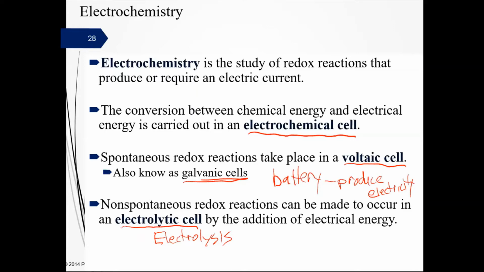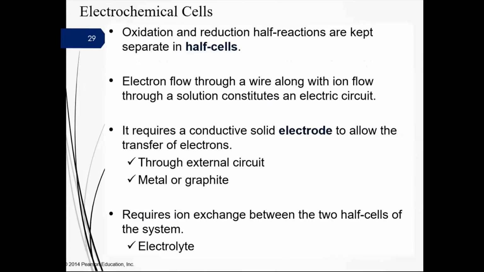Now, to do this, we always have our oxidation and reduction half reactions occur in two separate parts of our cells called half cells. So you can kind of imagine that you have one container over here that's doing all of your oxidation. And then we would have another container next to it where we do our reduction.